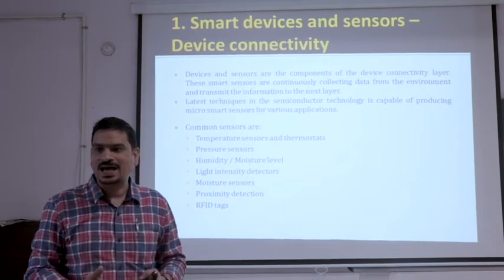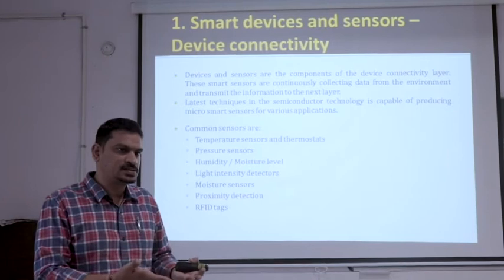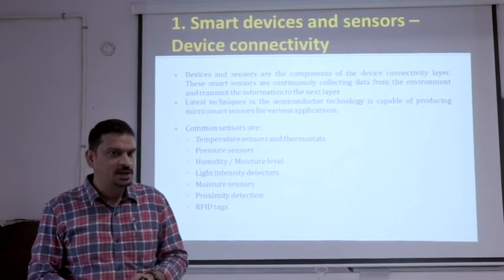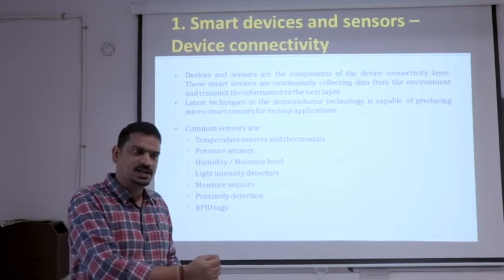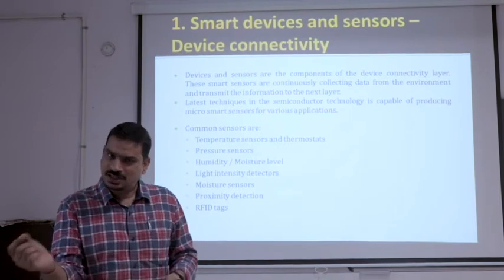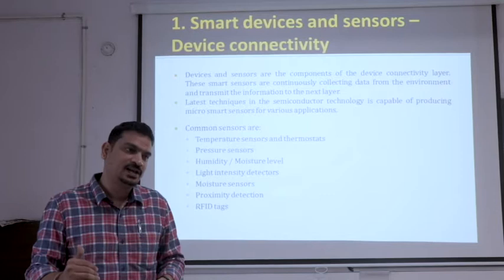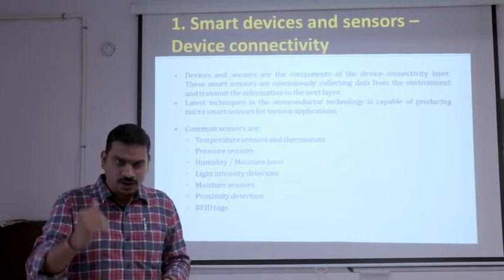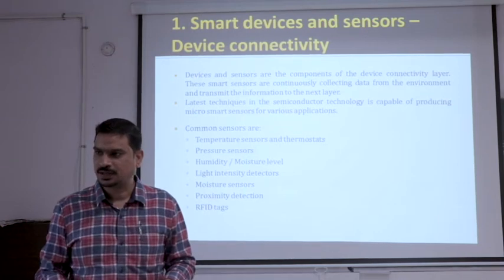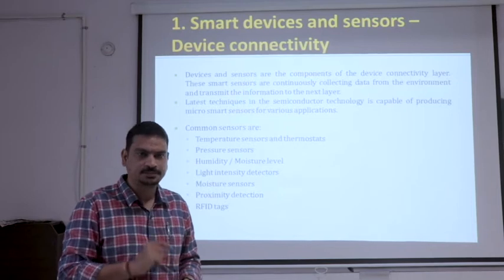So I can send it with the help of magnetic signals, RF signals, or if I have an optical cable, I can send it with optical signals or electrical signals. Are you getting it? So these are the physical layer. In the physical layer we convert our digital data to analog data and transmit it by analog means.